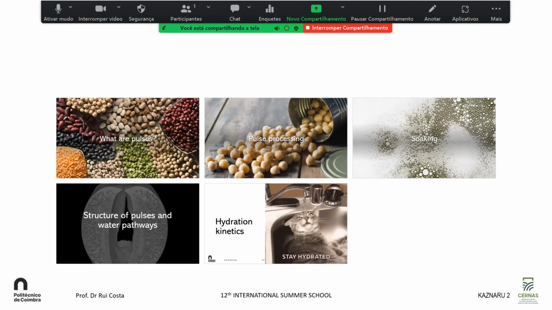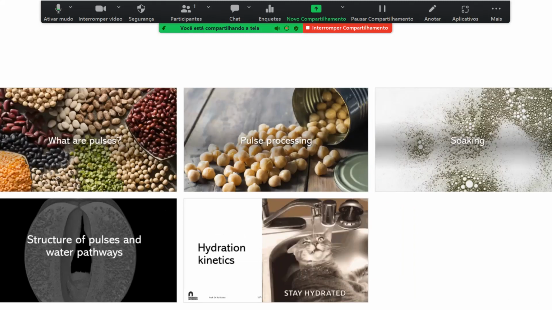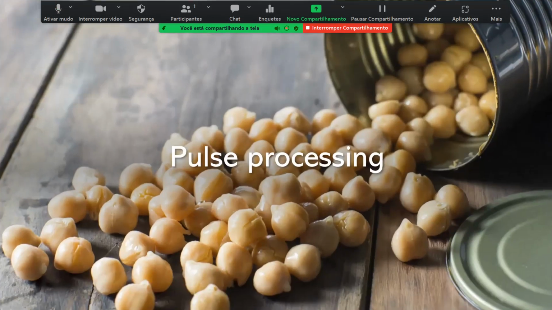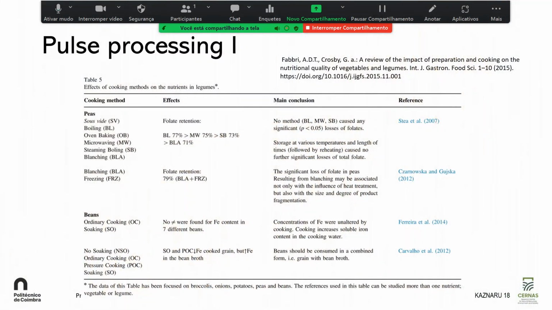So what kind of processing is usually done on pulses? That's the second part. There are many studies on this, not all of them conclusive. I just present here a table of one, where you can see that boiling, oven baking, microwaving, steam boiling, blanching, freezing, pressure cooking, etc. are used on pulses.